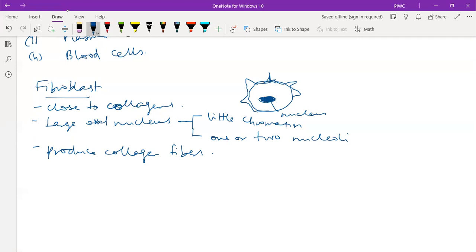Now, once the collagen fibers are produced, they have closely packed transverse striations. The newly formed fibers become oriented along lines of tension.